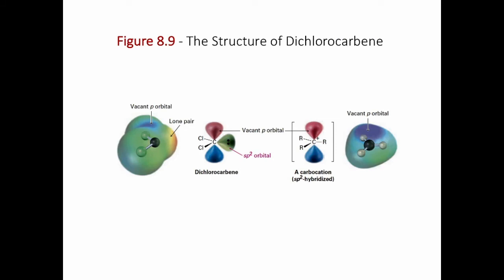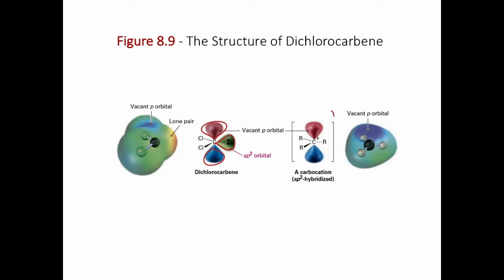So this is an orbital picture of that dichlorocarbene. The carbon is sp2 hybridized, meaning it has three sp2 orbitals. Two of them are involved in the sigma bonds to the two chlorines, and then the third one is housing the lone pair of electrons, and then there is a vacant p orbital here.